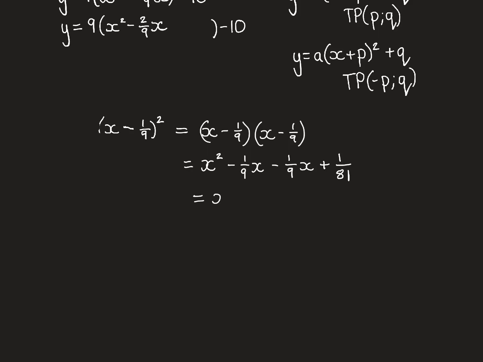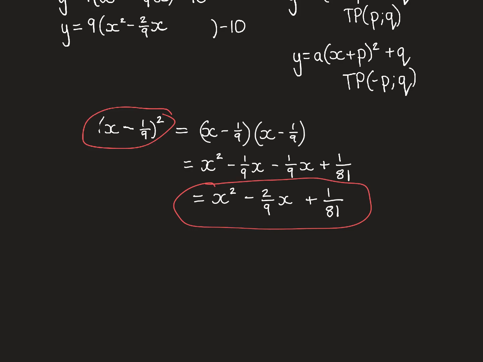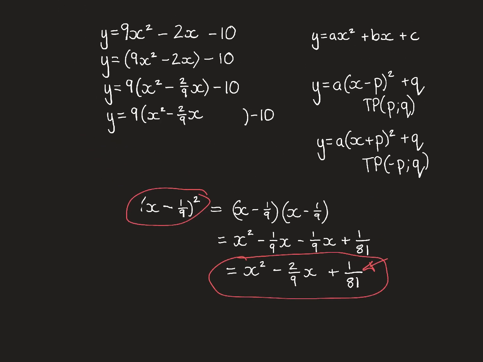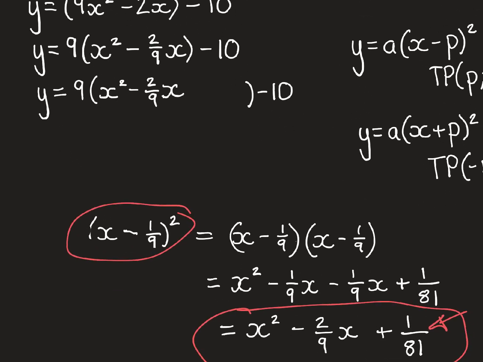So that leaves me with x squared minus 2 over 9x plus 1 over 81. So in order for this to become that bracket, I need 1 over 81 to be added. So I go back to this over here, and I add 1 over 81.